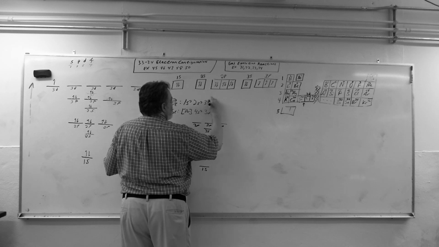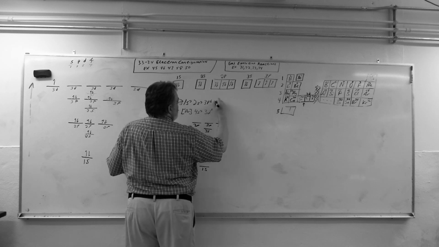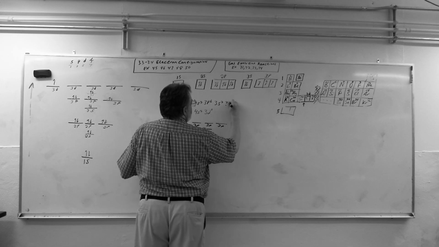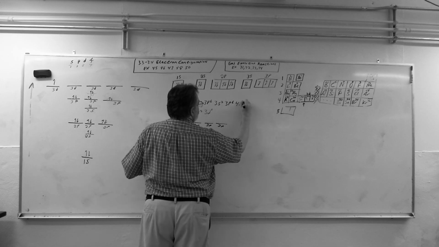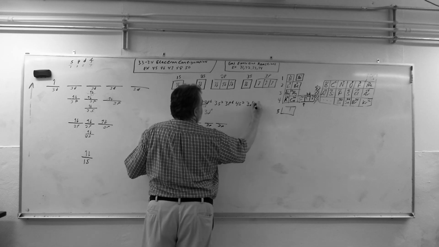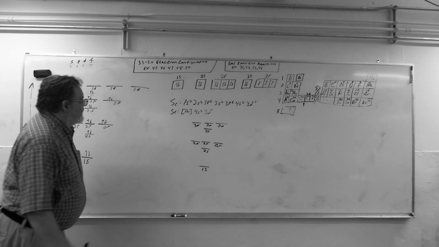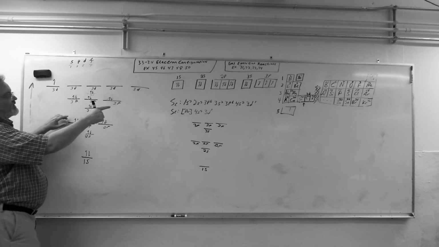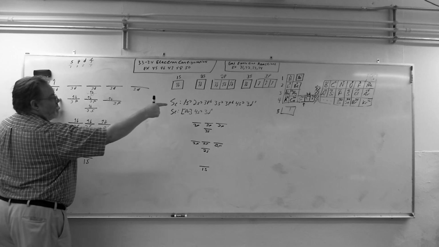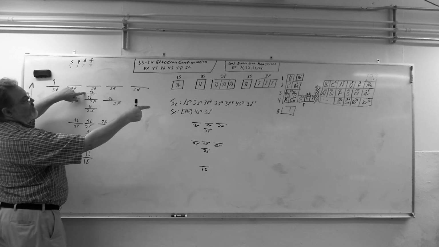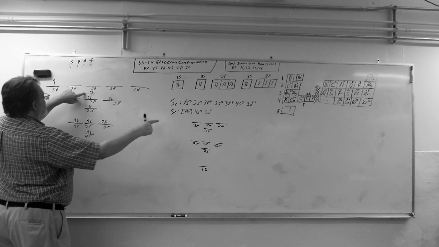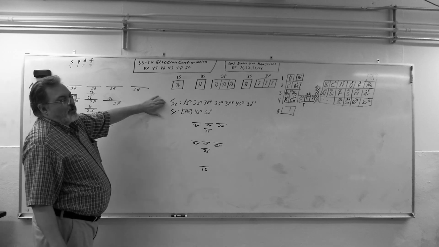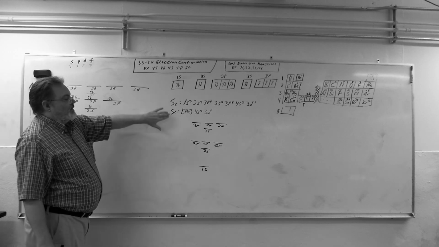Written out fully: 1s2, 2s2, 2p6, 3s2, 3p6, 4s2, and then 3d1. So that's this form of electron configuration for scandium.